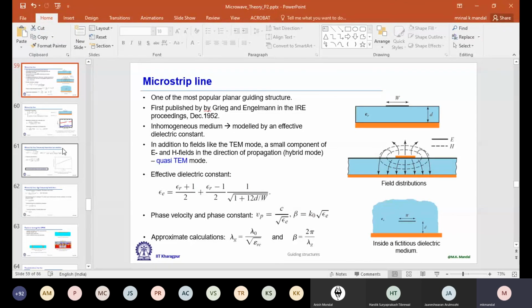Even for that TEM mode, we have this problem. You recall, for coaxial cable, microstrip line, or even CPW, for all these guiding structures, we use the TEM mode only. We don't go to higher order modes. Otherwise, it is much more complicated, and we will have so many different phase velocities that we can't avoid dispersion at all.